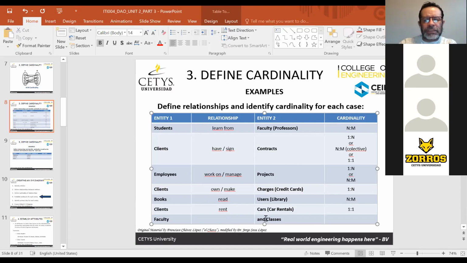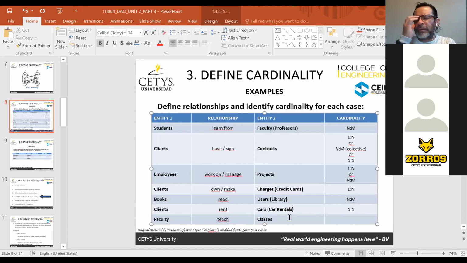Let's see, faculty and classes. We'd already talked about that one. Faculty teach classes. What had we said about the relationships there? The cardinality. Many to many.